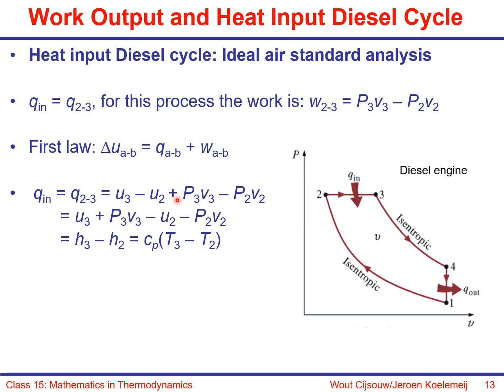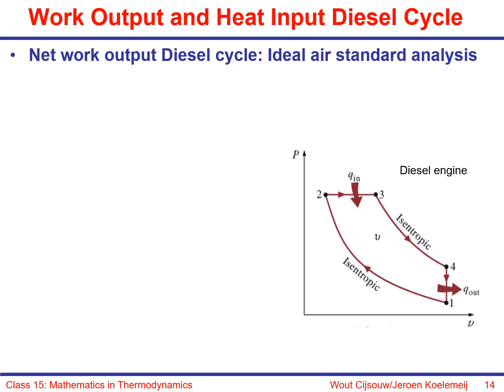It turns out that the work, written in this form with P3 and P2 V2, can be combined with the internal energies and expressed as enthalpies, and then we can write the change in enthalpy in terms of Cp times delta T. Okay, so we figured out how much heat goes into the system.